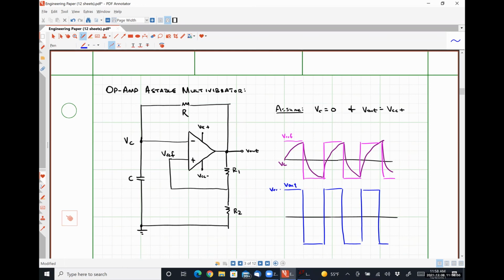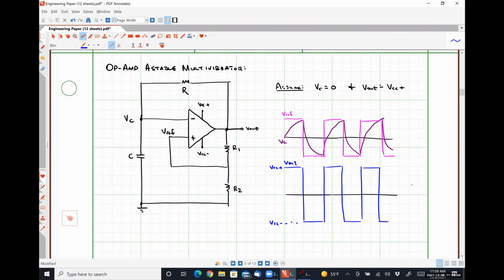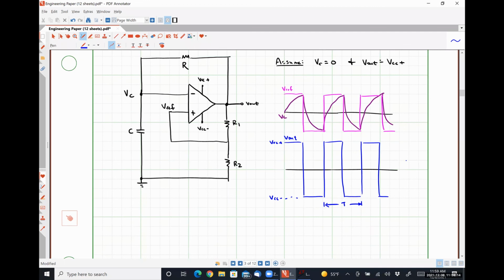This will be VCC plus. This will be VCC minus, and the period of oscillations, T, is given by T is equal to 2 times R times C.